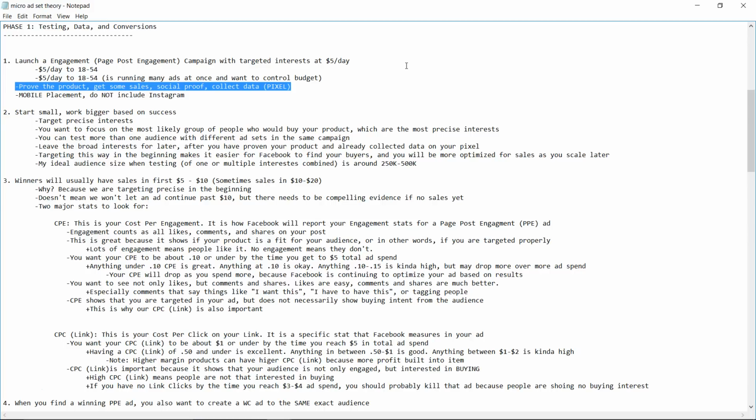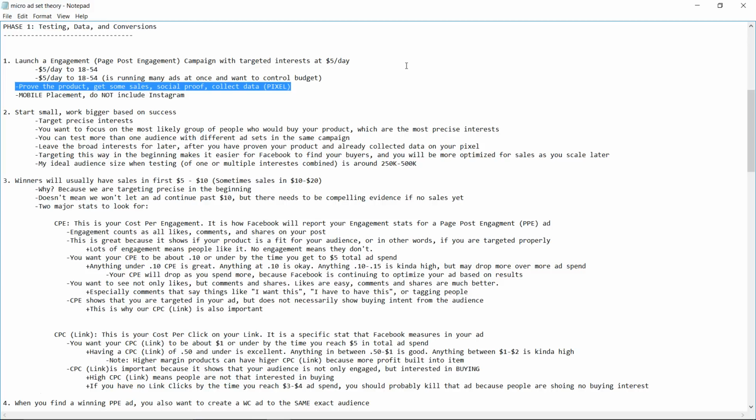Well, that comment and share is really valuable because if people will tag their friends, they'll share it on their profile. And if it's something that really connects, like you just found the right product or service to the right audience, well, an engagement ad can really help you start getting a lot of free traffic. And it's a great way to also get social proof on that ad. So when you move over to conversion ads, you already have an ad that people have liked and commented and shared.